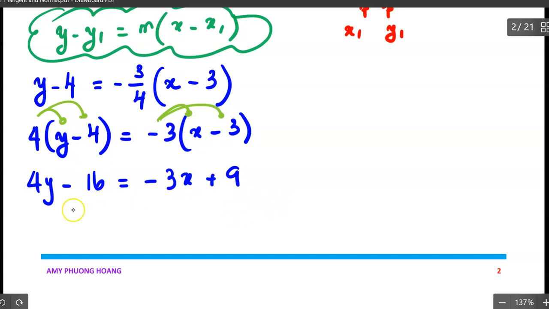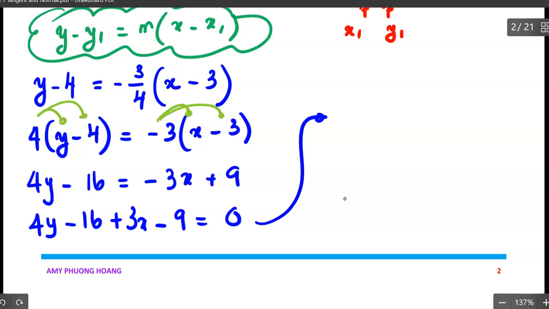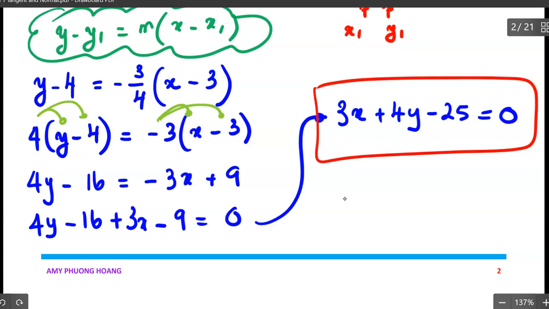So you can go ahead and move everything to one side of the equation, let the other side equal 0, and then you will have the equation for this tangent line in general form. When I move this over, I should have 3x plus 4y minus 25 equal to 0. So this is my final equation, in general form.